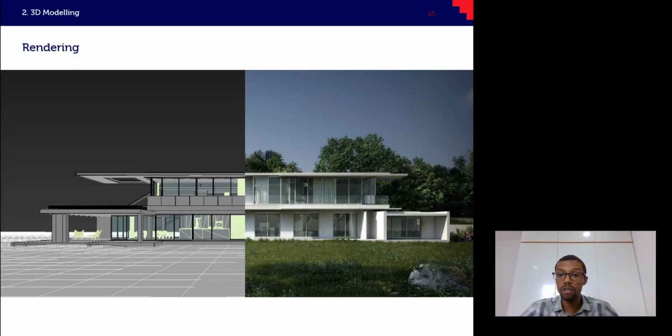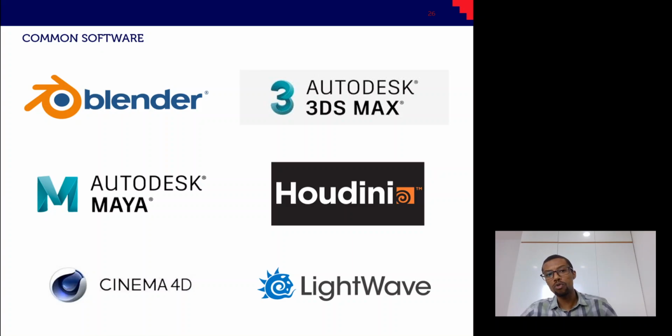This course will be focusing on polygonal modeling. If you have a solid foundation in modeling, it is also easier to integrate with different teams and into a 3D pipeline, and also, of course, to progress onto texturing and lighting at a deeper level. So, common software. We are going to focus on Blender.